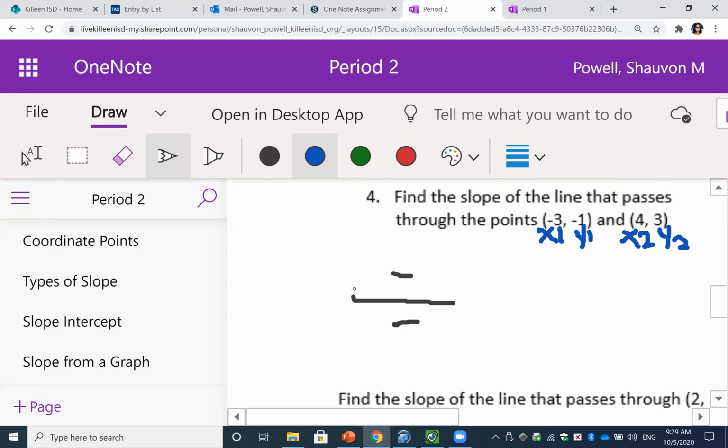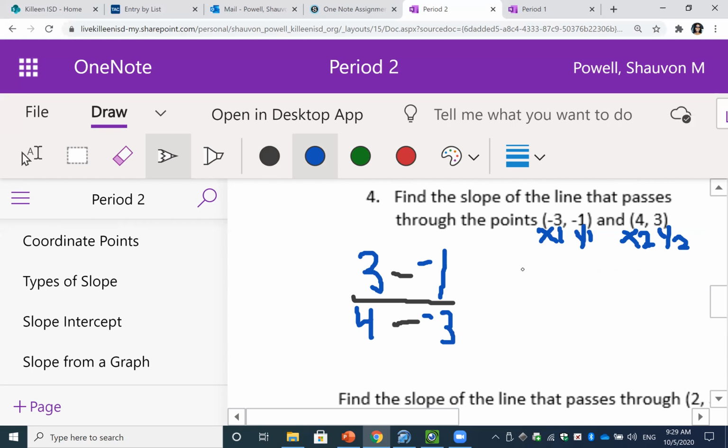I have y2 right here, which is 3. Then y1, which is negative 1. Don't forget your negative signs. X2 is 4. X1 is negative 3. Once I have that, I'm going to put it in the calculator.